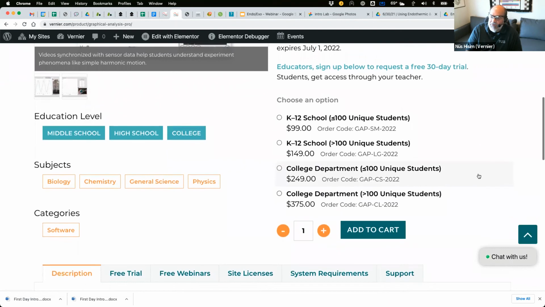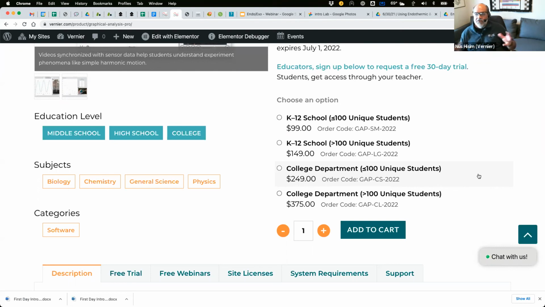One thing to be aware of: what if my students collect data on Graphical Analysis Pro and then we don't get it licensed next year? What happens to the data? Nothing. The data is fine. The data will continue to open. If you used a pro feature like videos, you won't be able to open the video in Graphical Analysis when you revert to the free version, but you will not lose your data.